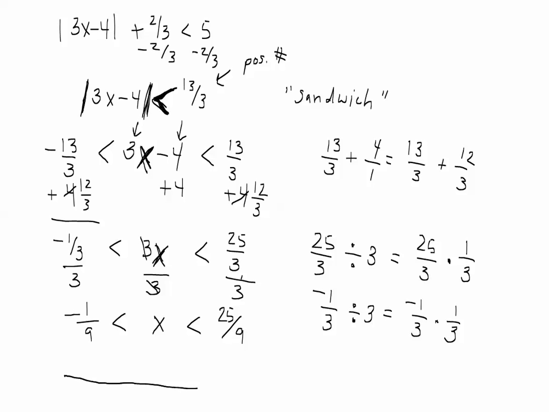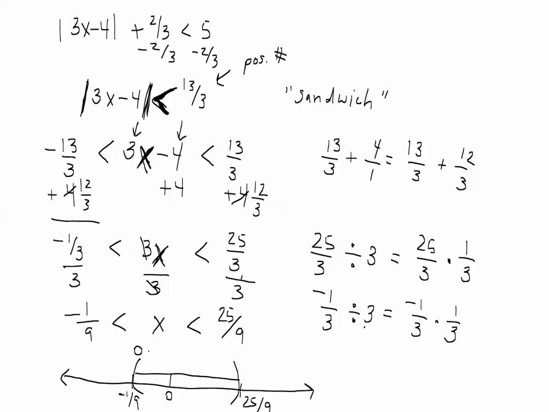Because this represents infinitely many solutions, we want to represent the graph, the solution, on a number line. 25/9 is positive, somewhere over here, and negative 1/9 is somewhere here. And using interval notation, you use open parentheses because it's not equal to, and you draw a line in between the two.